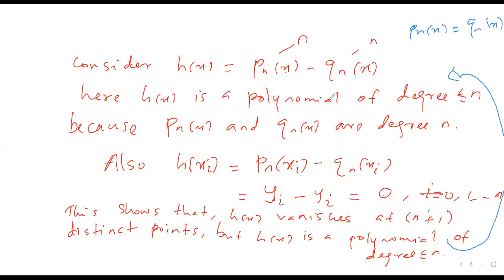Hence, the interpolating polynomial is unique. Interpolating polynomial is unique. So we have proved the uniqueness also. That's all about the note.